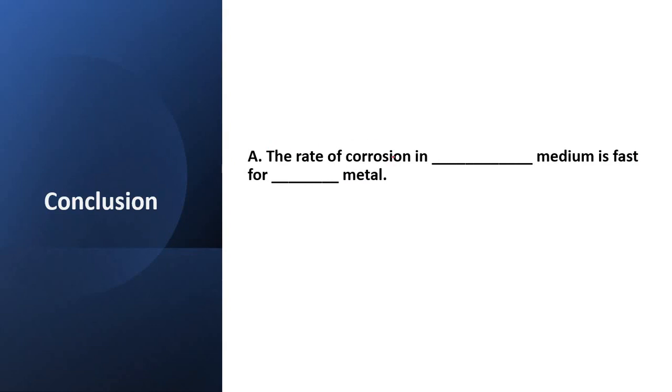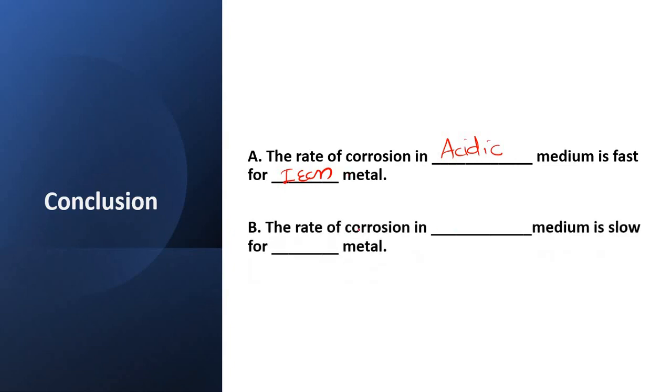Now we can make a conclusion that the rate of corrosion in acidic medium is fast for iron metal, because we have taken iron nail. Then the rate of corrosion in dash medium is slow for iron metal. So which is the medium where the rate of corrosion is observed as slow? In neutral medium. Okay, in this way we conclude here.